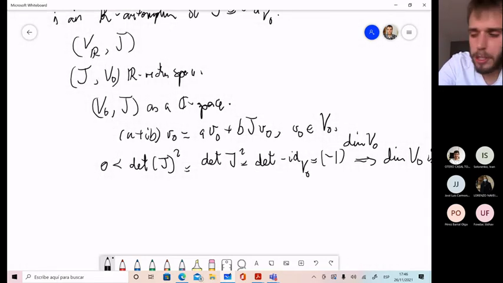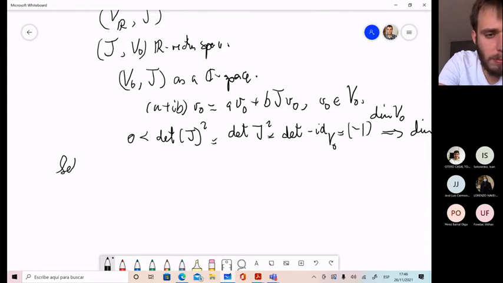So, okay. What else? Complex conjugation. We are going to mention the complex conjugate vector space.